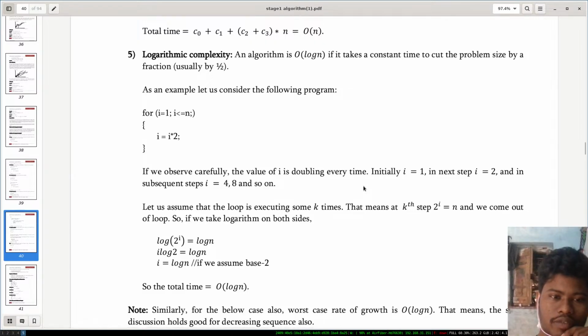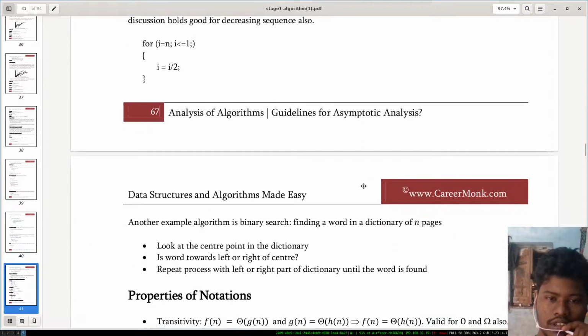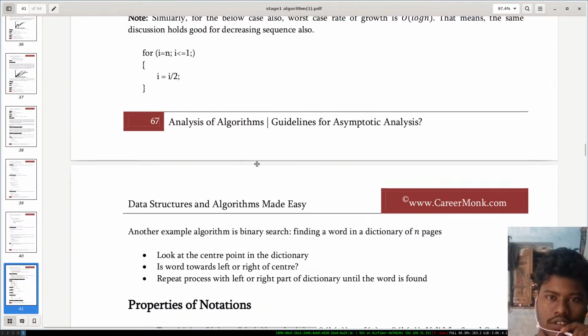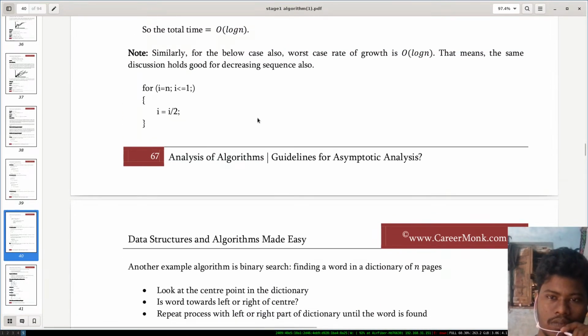We are finding it like this, it goes up by 2, because we are multiplying everything with 2. In here it's also log of n.